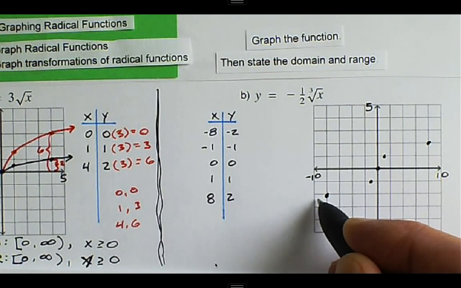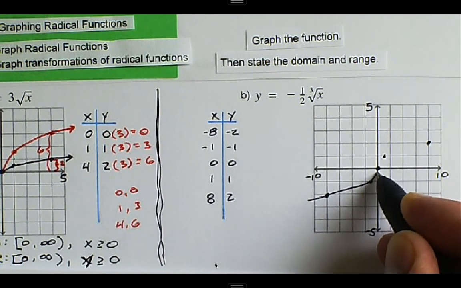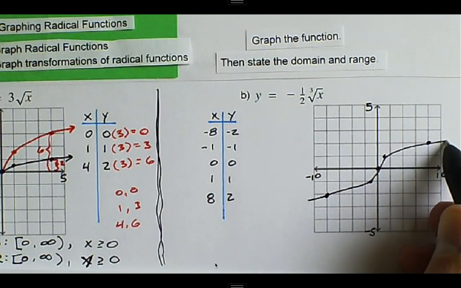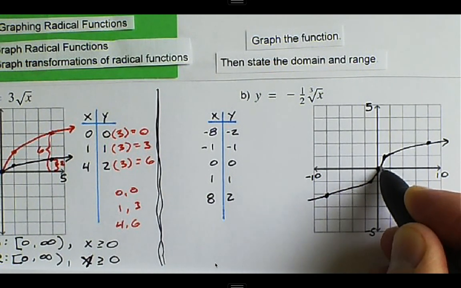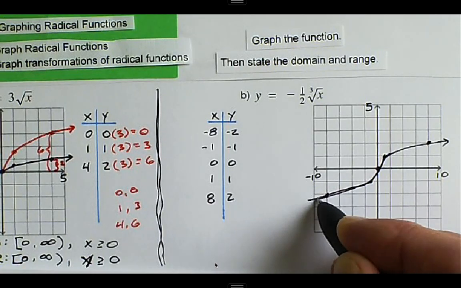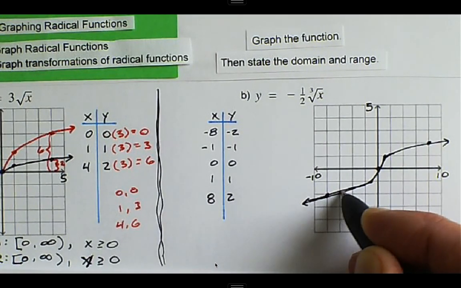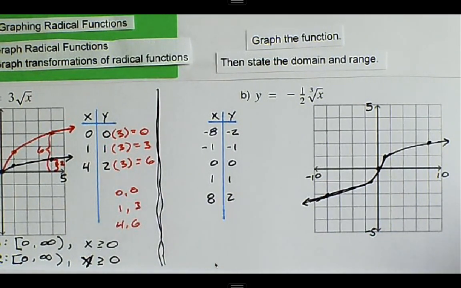Okay, so this is the parent function. The curve got a little off there, but that's all right. The parent function looks like that.